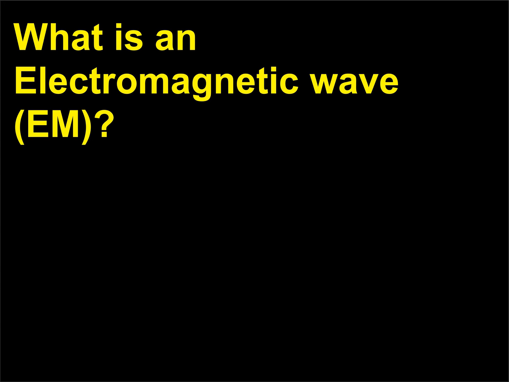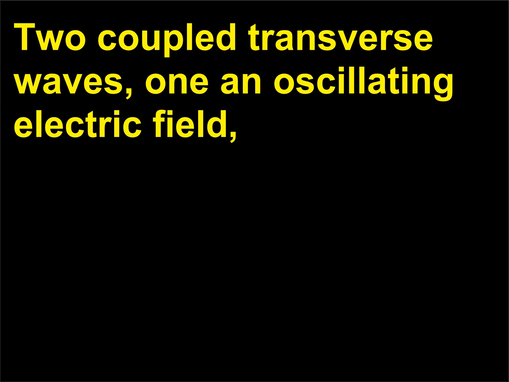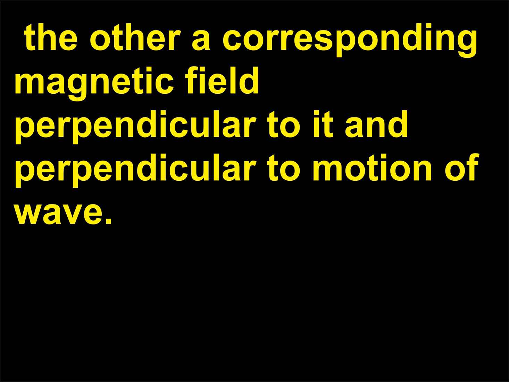What is an electromagnetic wave? Two coupled transverse waves, one an oscillating electric field, the other a corresponding magnetic field perpendicular to it and perpendicular to the motion of the wave.